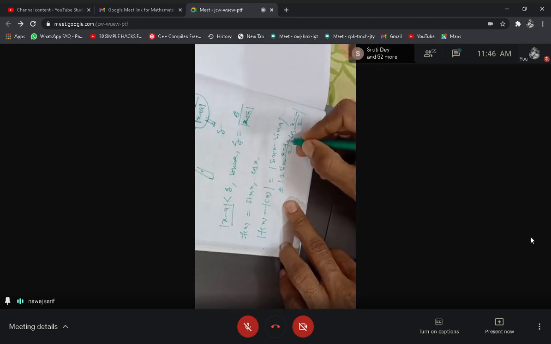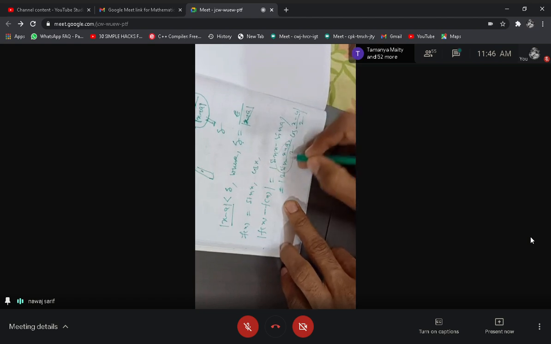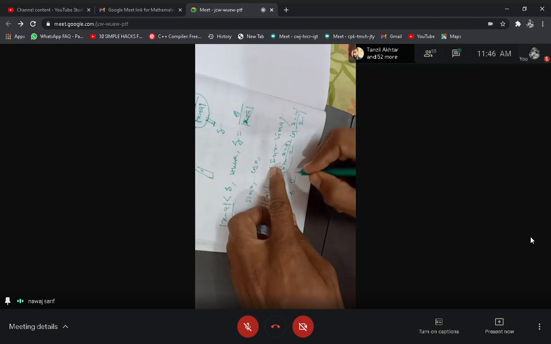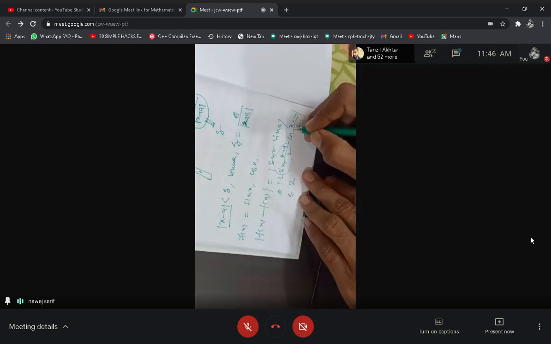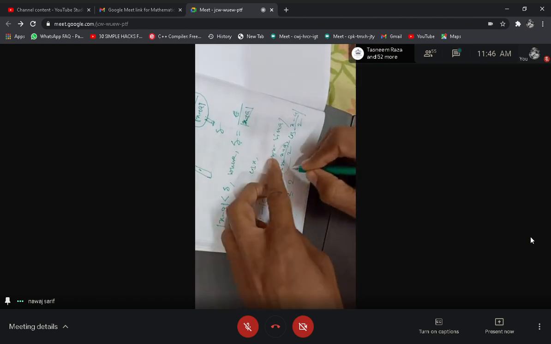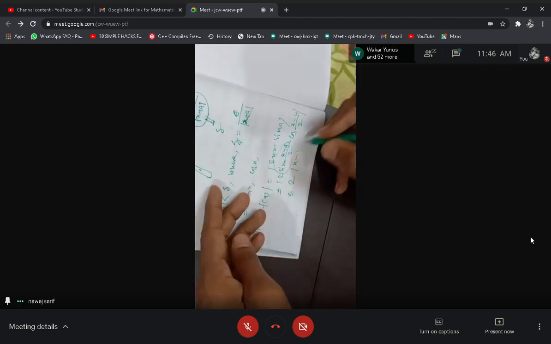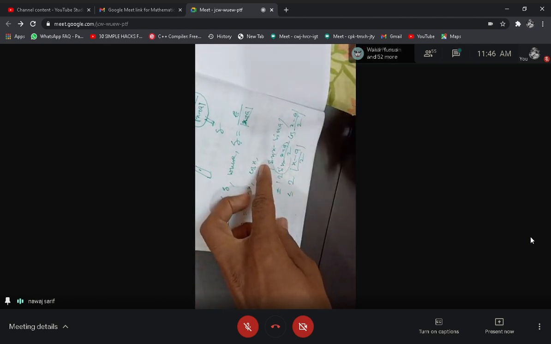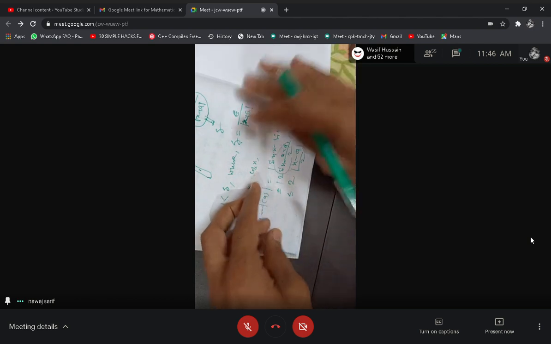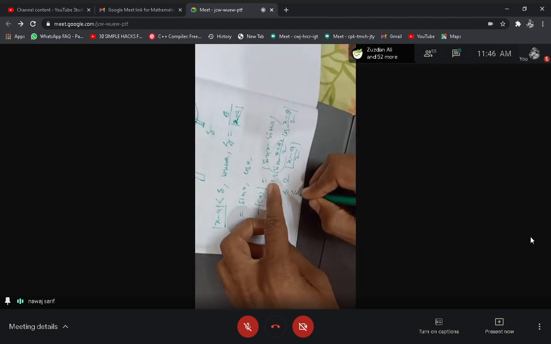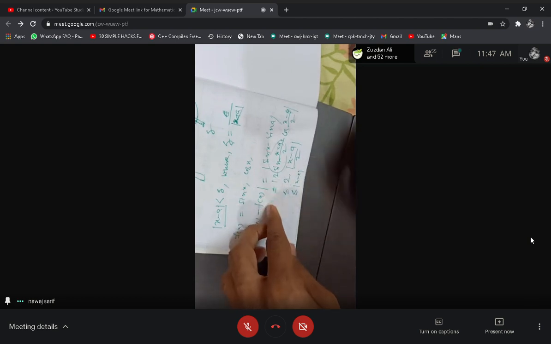So we can write this as a product, less than or equal to 2 times, and mod of sin theta is less than or equal to theta. That means we can write this as (x minus a) upon 2, and this 2 cancels out. Then this is less than or equal to mod of x minus a.